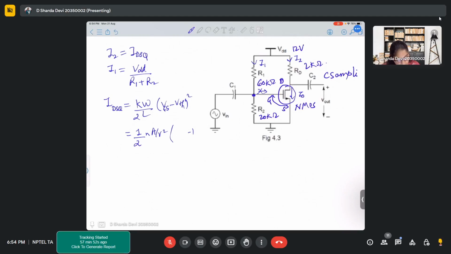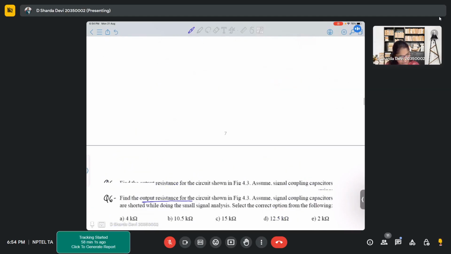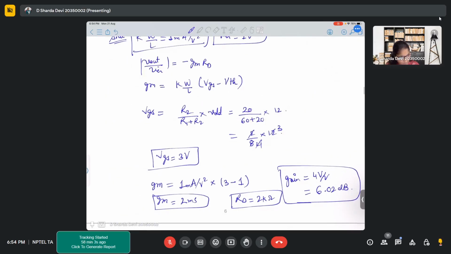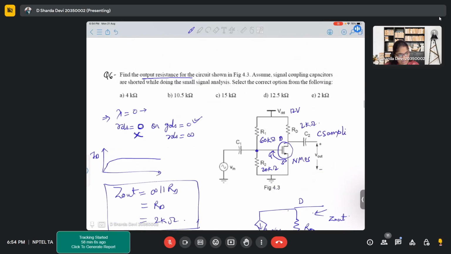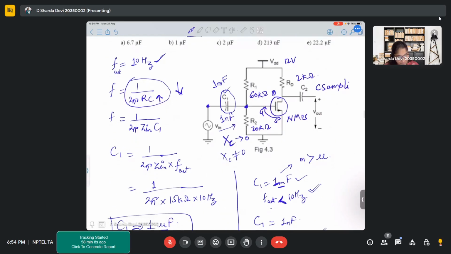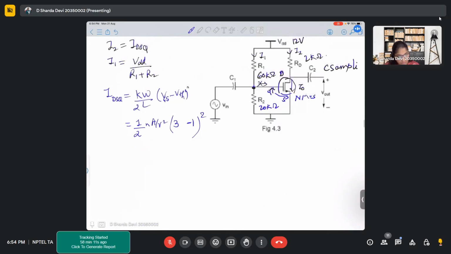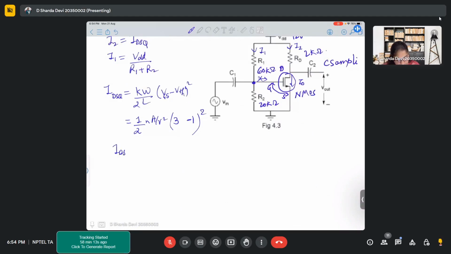What was the value of VGS that we got? It was 3 volts, right? Yes, VGS is 3 volts. So IDSQ is 1 by 2 into 4 milliamperes, so IDSQ is 2 milliamperes.